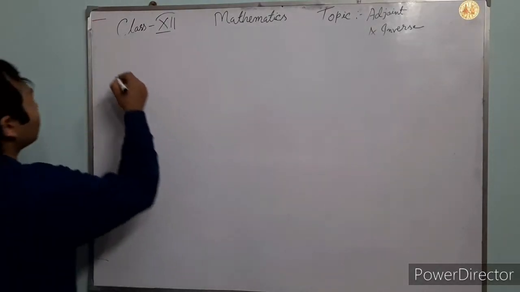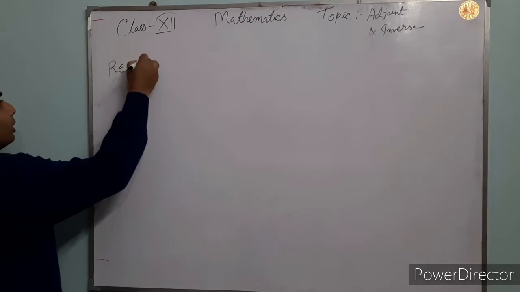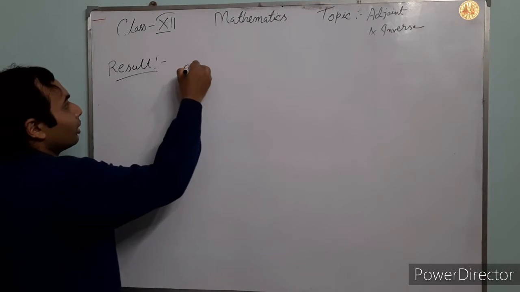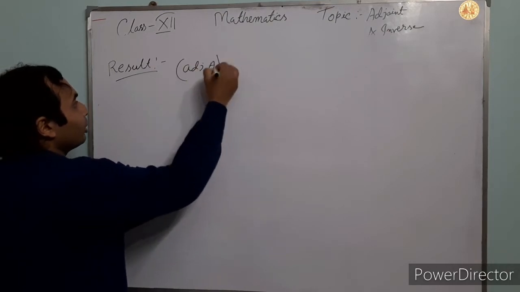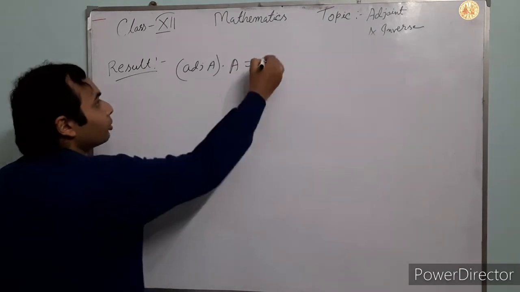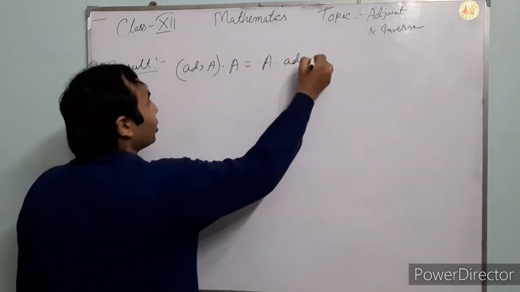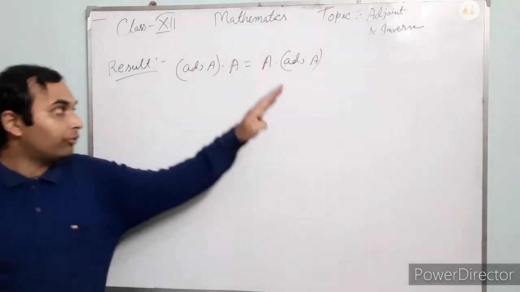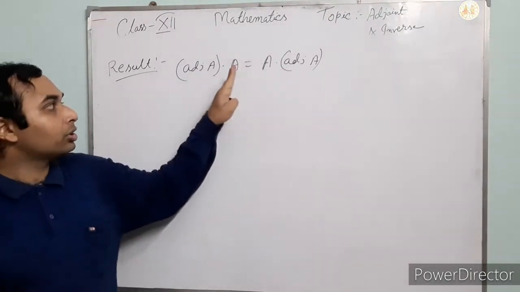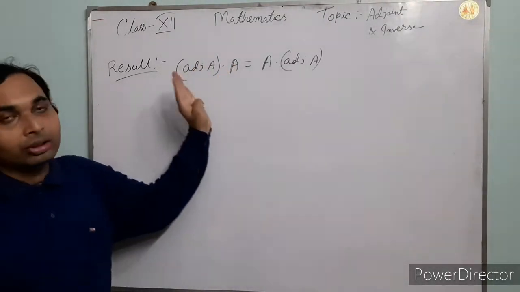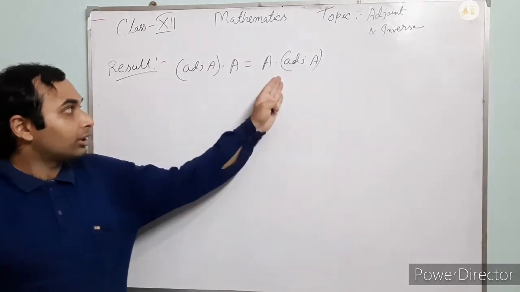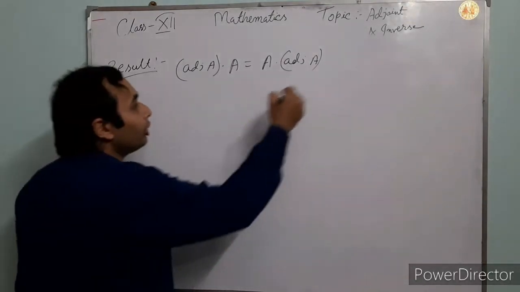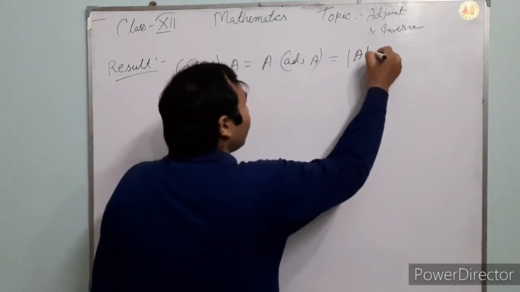So one important result I am just writing here, that is adj A into A equals A into adj A. Actually this is the commutative law for multiplication: the original matrix and its adjoint satisfy the commutative law of multiplication, and this will definitely be det of A into I.